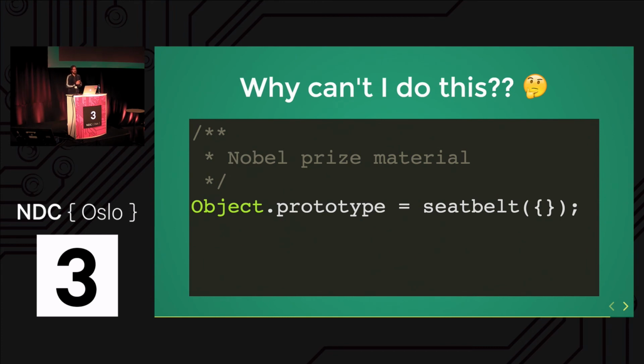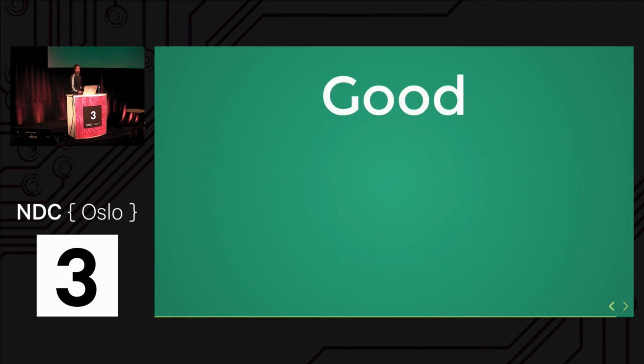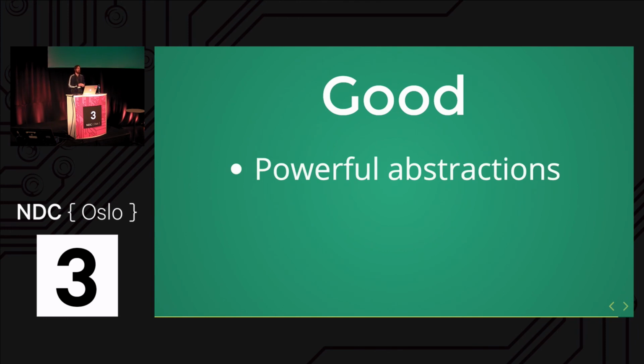Because when you start building a program with Lisp and use a lot of metaprogramming, that program is going to have so many macros and so much metaprogramming that it's kind of a language on its own, which is really the thing that can go wrong with using metaprogramming. So the really good things about metaprogramming is that you can create these really powerful abstractions.